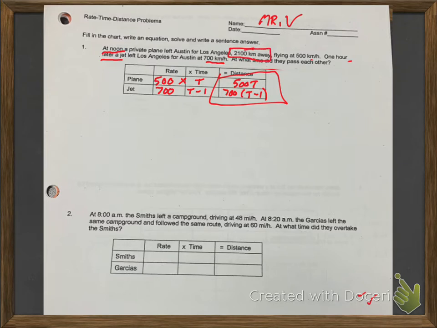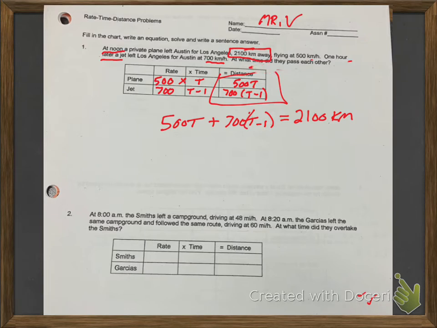So to set up my equation, I take the plane, which is 500T, plus 700 times (T minus 1), and that's going to equal the 2,100 kilometers.